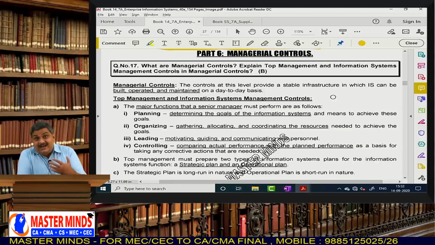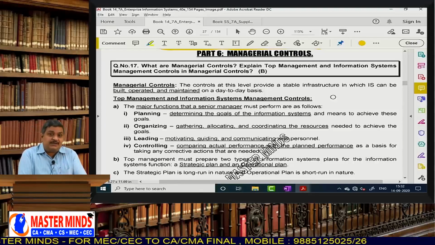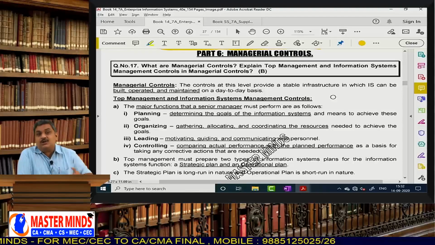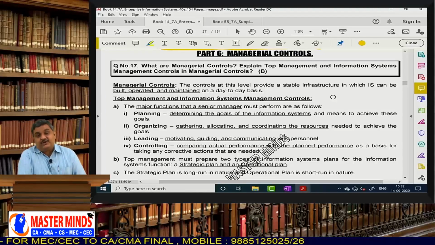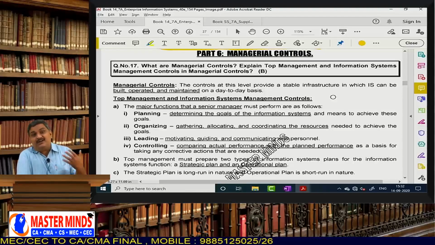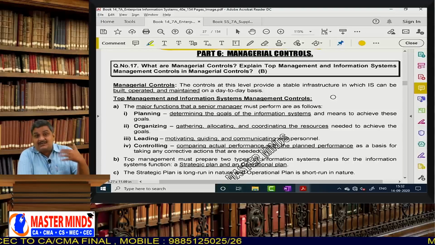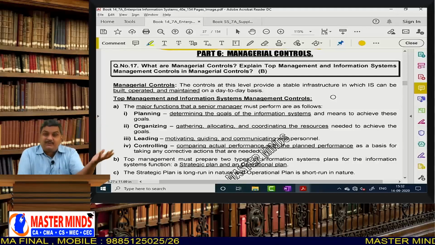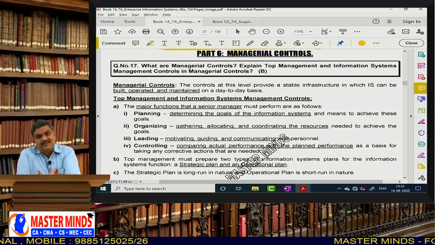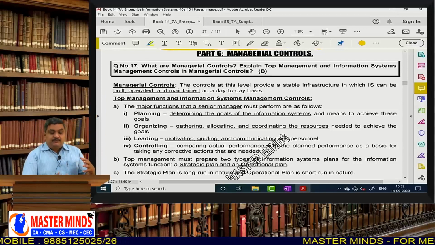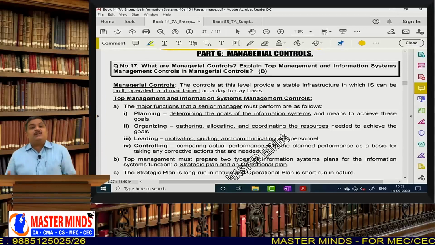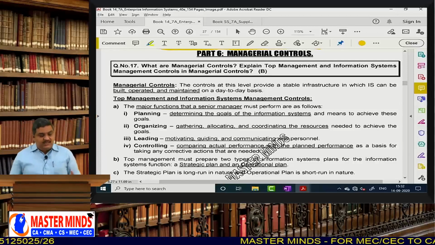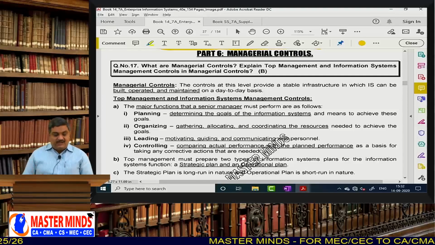Building an enterprise information system is not a short-term exercise. It is a long-term exercise. Generally, it takes 1 to 4 years, depending on the size of the organization, to build an enterprise-wide information system. It's not easy. So definitely there should be some managerial controls. In this part, we will study the managerial controls.